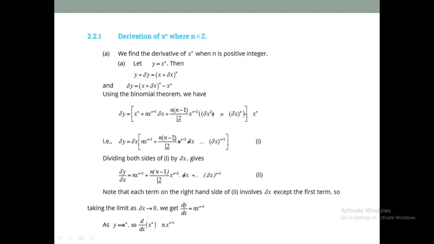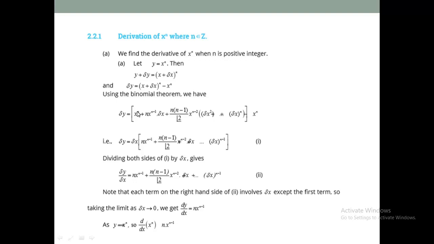Now here again we have the question y equal to x raised to power n. We replace y by y plus delta y and x by x plus delta x. We subtract these values, and in this form we apply the binomial theorem. x raised to power n, then n delta x, then n into n minus 1 over 2 factorial x raised to power n minus 2.